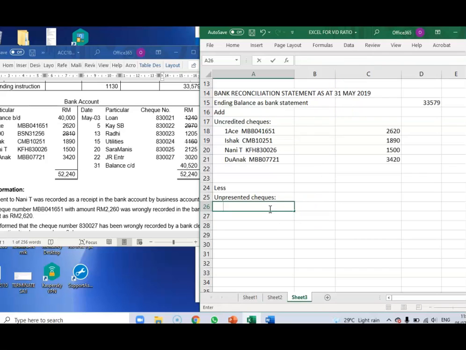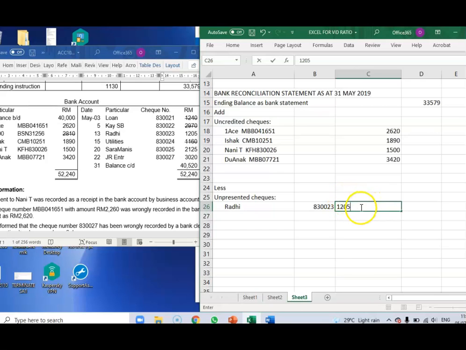First is the check to Radi, and the check number here is 830023, and the amount is 1205. Just look for the unslashed one, the one that has not been slashed yet.